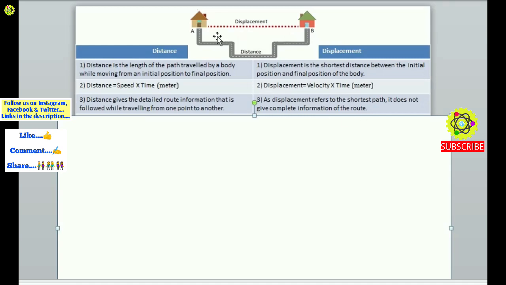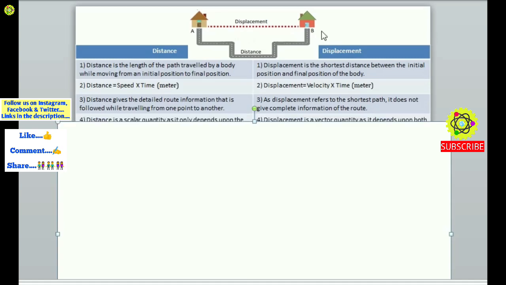Displacement shows the shortest path, so it does not give us the complete information about the route for going from house A to house B.